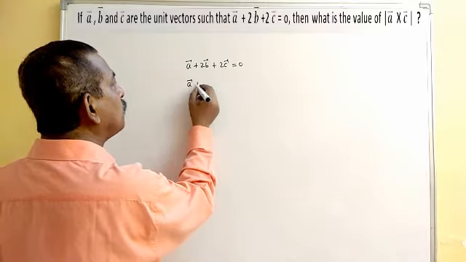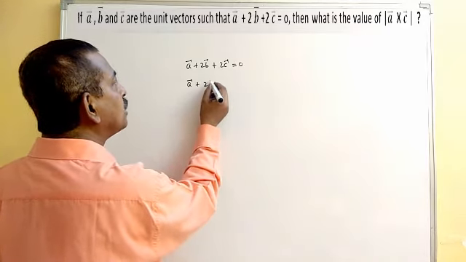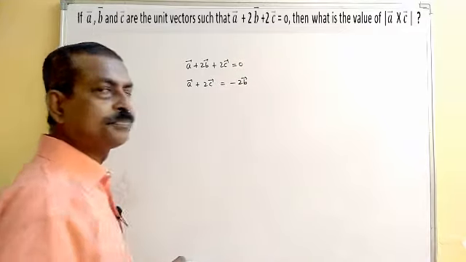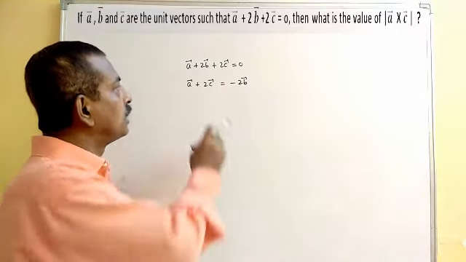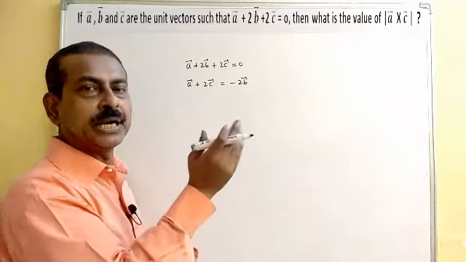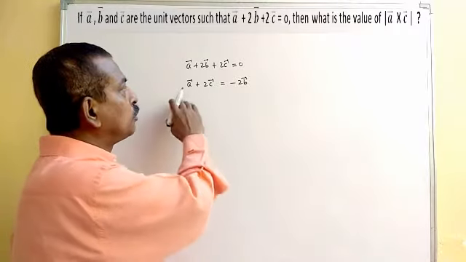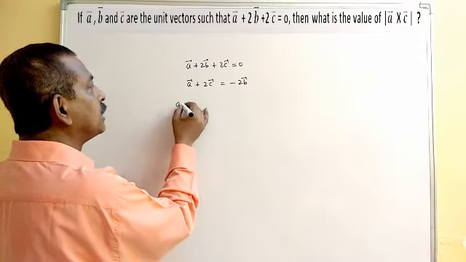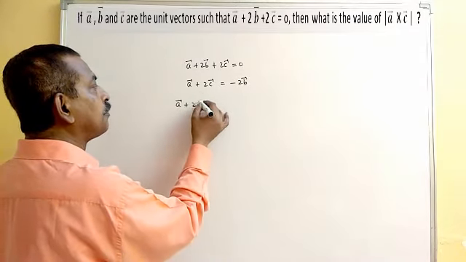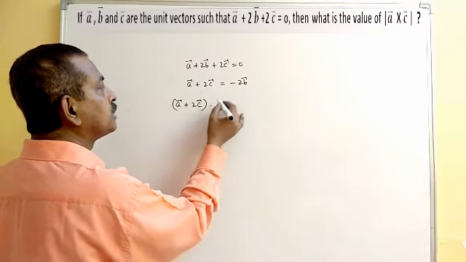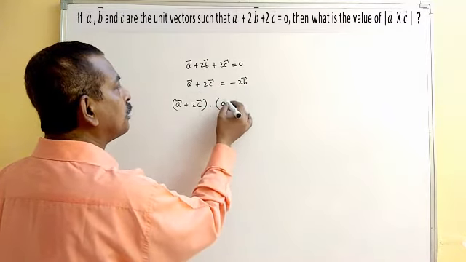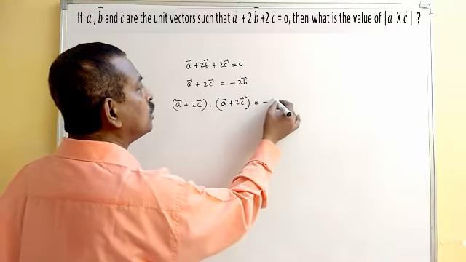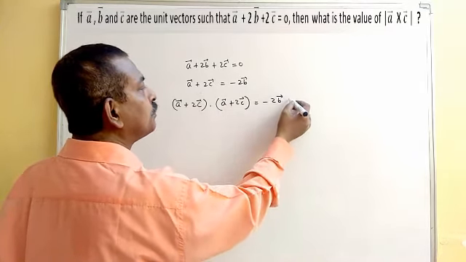This is vector A plus 2 times vector C, and it can be written as 2 times vector B. Suppose here we take the square of that. That means we are taking the dot product with the same vectors. So here I can take vector A plus 2 times vector C, and we take its dot product with vector A plus 2 times vector C. This is now 2 times vector B dot 2 times vector B.